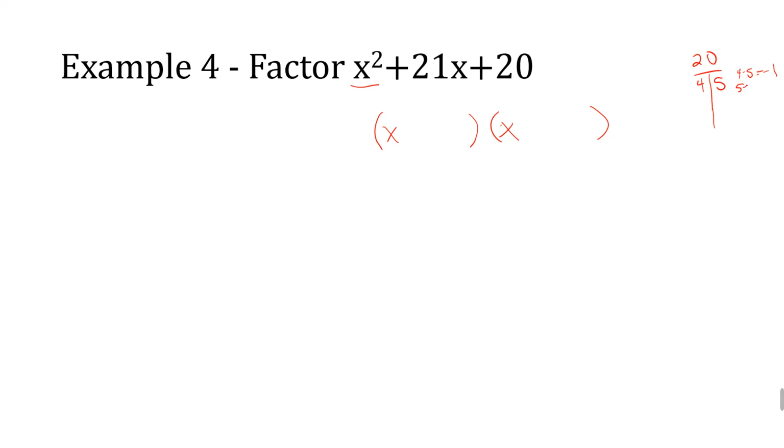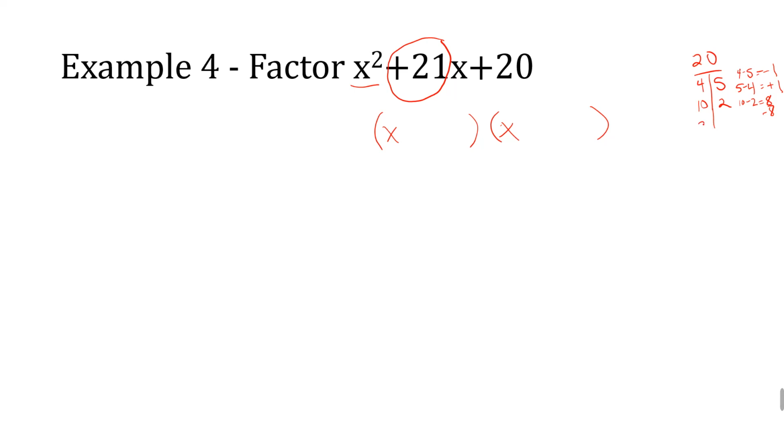If we took 5 minus 4, we get positive 1. But we're looking for a positive 21, so that's not going to be 5 and 4. What about 10 and 2? We'd get 12, or if we did 10 minus 2, that would be 8, or 2 minus 10 is negative 8. That's not going to give us 21.